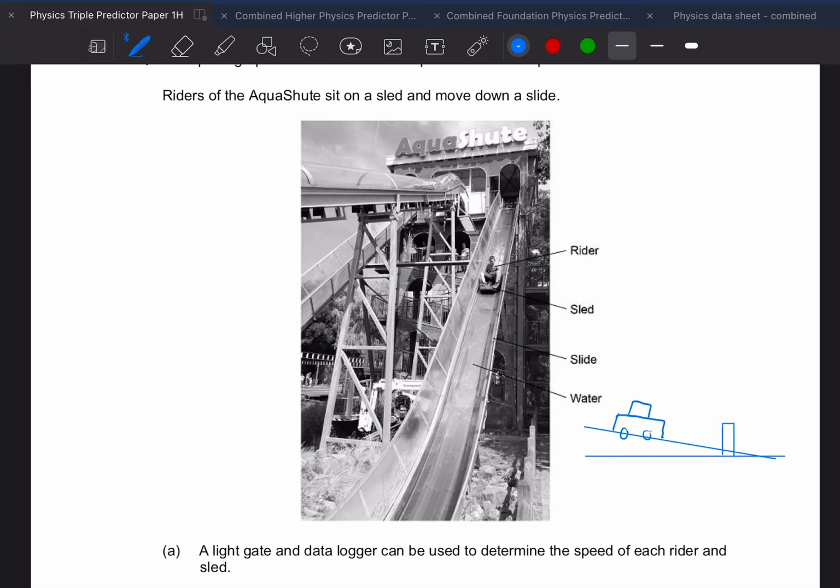You have a piece of card on it, and the whole way that this works in terms of determining the speed is we use that speed equals distance divided by time. So this card, you know the length of it, that's your distance, and the time is how long it takes to pass through the light gate.